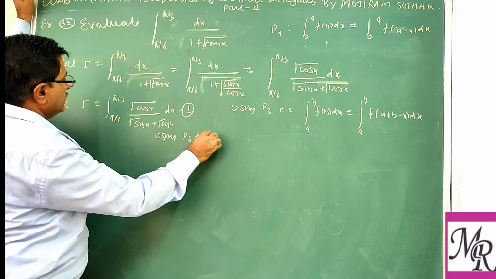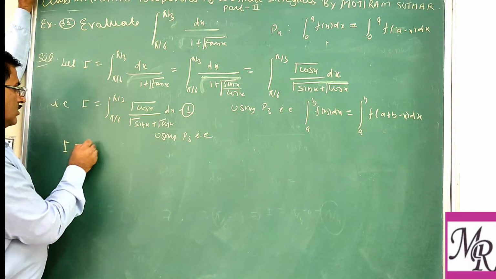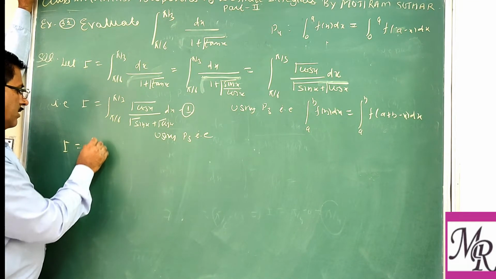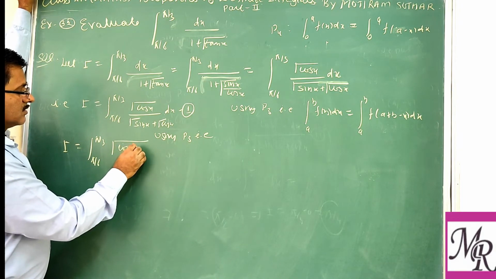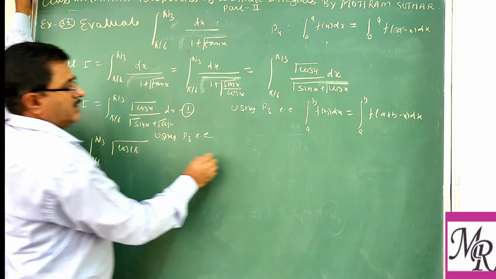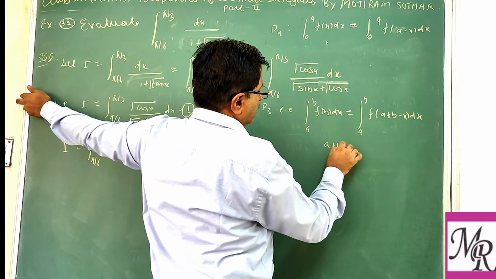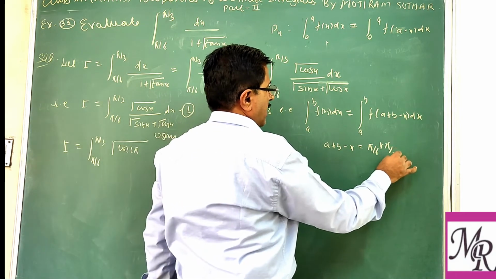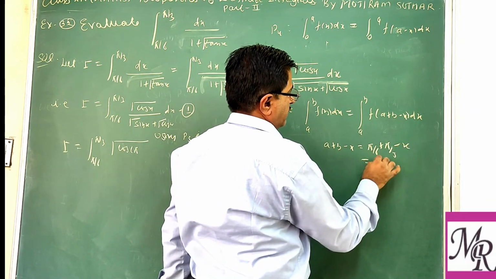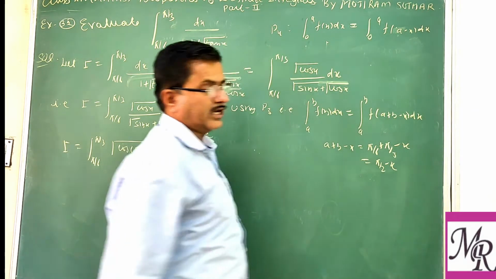So using P3, I equals integral from pi by 6 to pi by 3 of root of cos. Now you can write here a plus b minus x, that is pi by 6 plus pi by 3 minus x, which can be written as pi by 2 minus x.